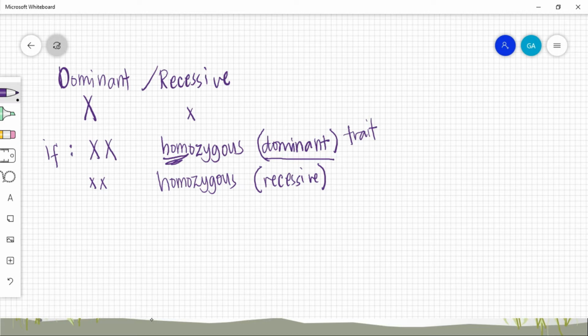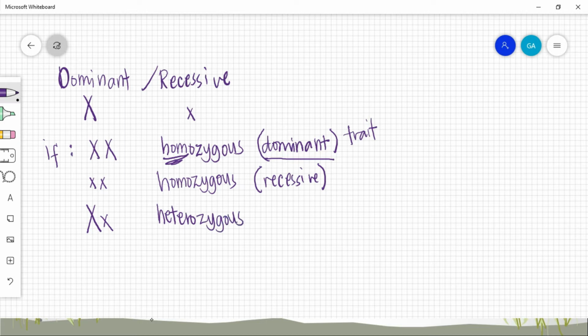We just have to identify yung dominant at recessiveness. If it is a combination of a capital letter and a small letter, since magkaiba na sila, we use the prefix hetero. So hetero meaning different. So this is heterozygous.